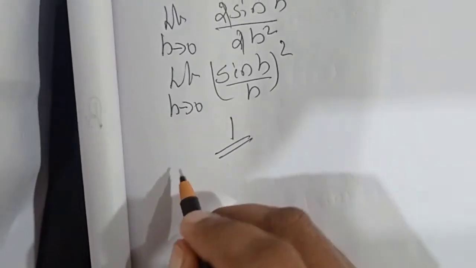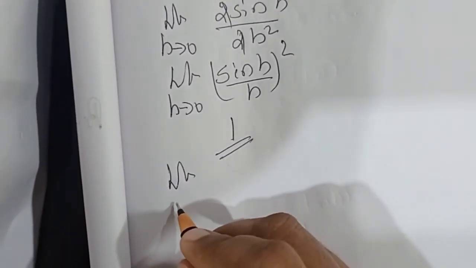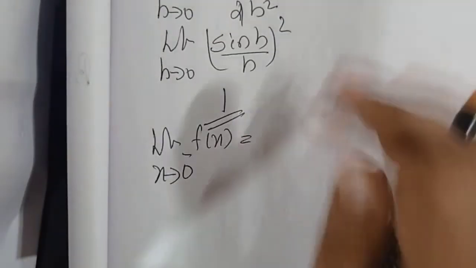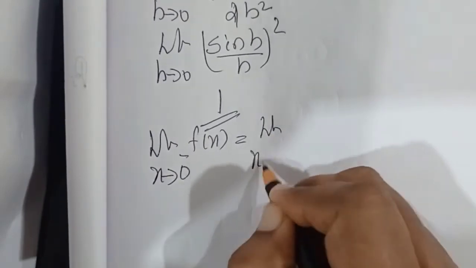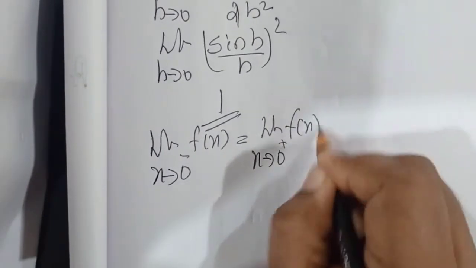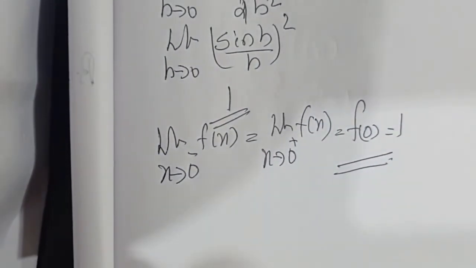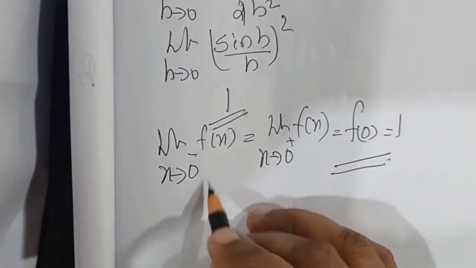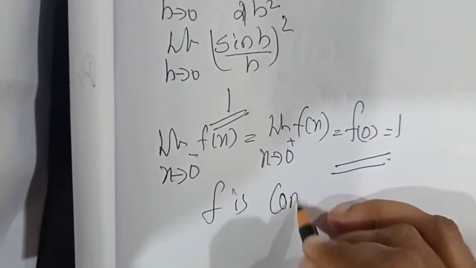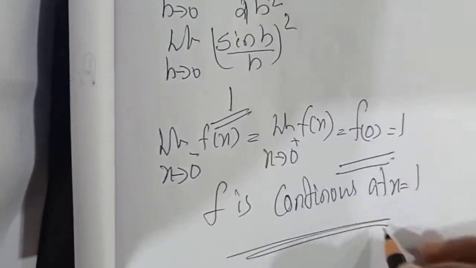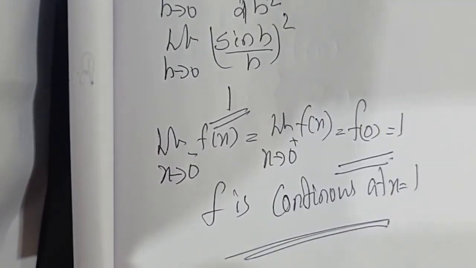Then write, since limit x tends to 0 minus f(x) is equal to limit x tends to 0 plus f(x) is equal to f(0) equal to 1, therefore f is continuous at x equal to 0.